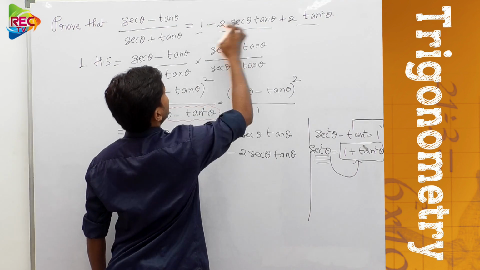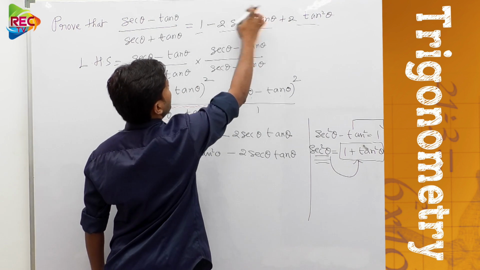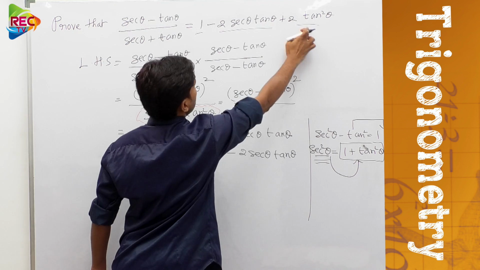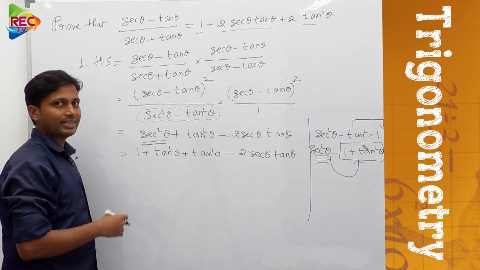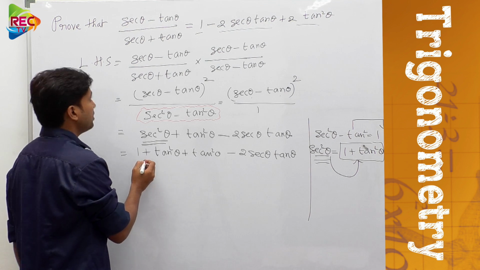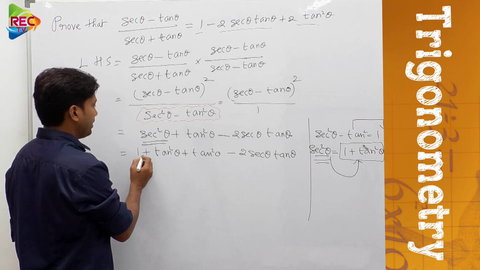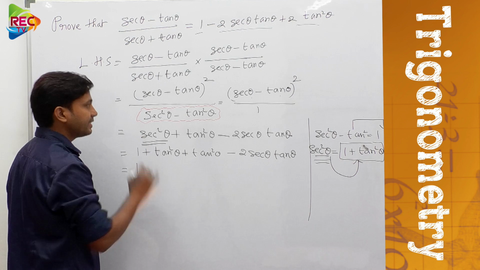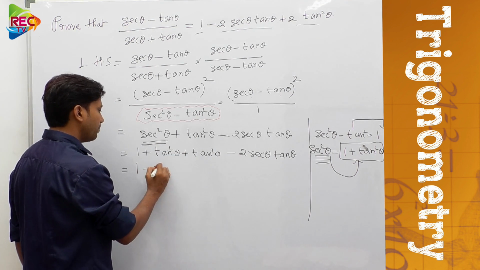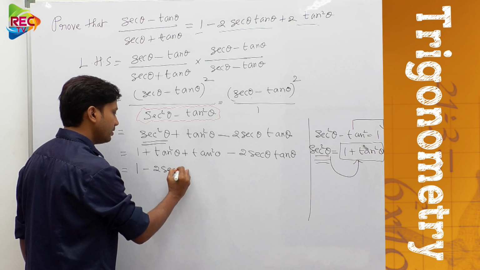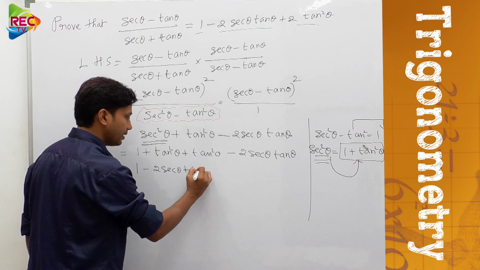Because in these terms, other than this minus 2 secant theta tan theta, there is no secant term existing. So we converted all the terms into tans. Okay, anyways, now if you just consider this is 1, write it as it is. Now minus 2 secant theta tan theta is given, no, minus 2 secant theta tan theta.